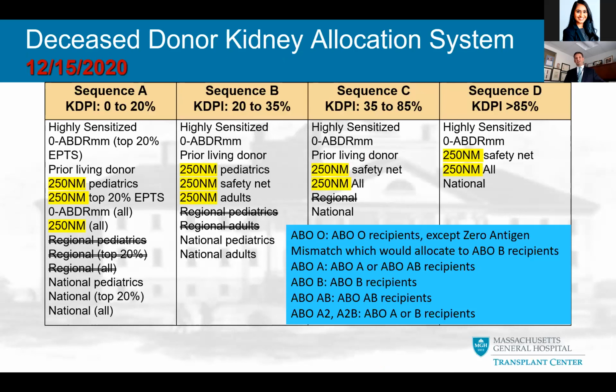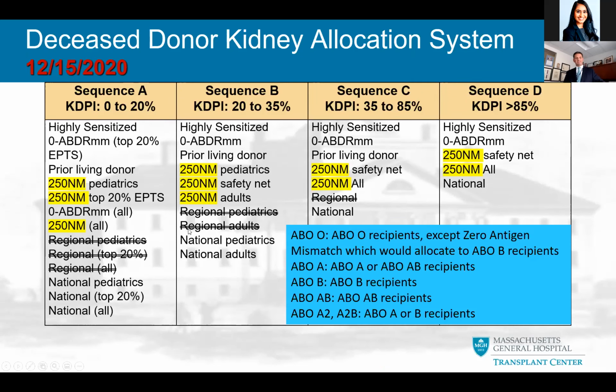This is the allocation sequence, which is very similar to what we have with CAS. So 0 to 20, 20 to 35, 35 to 85, then greater than 85. And you see the highly sensitized is still on top. The perfectly matched comes next. Prior living donors. Then instead of local, now we have this 250 nautical mile circle. And within the 250 nautical miles, each patient gets a score, which I will describe in the next slide.